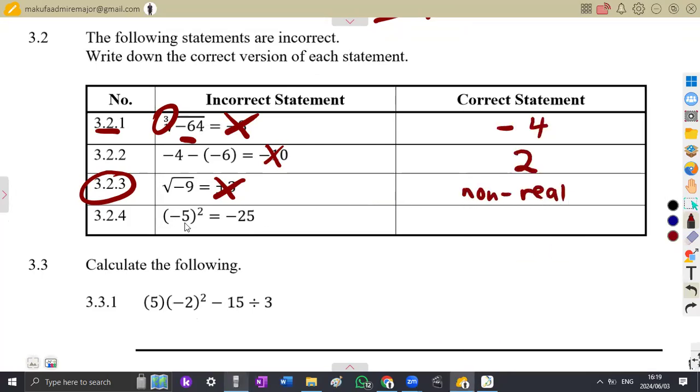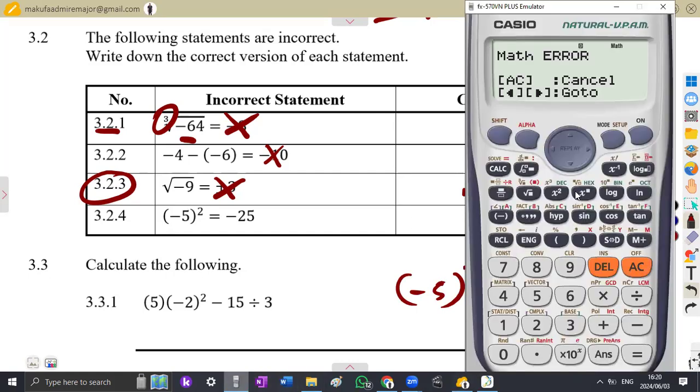Okay, minus 5 to the power of 2. The minus is raised to the power, so it's going to be a positive 25. Like I said, guys, the calculator is there. Use your calculator to prove this. Put a bracket, minus 5, close the bracket, raised to the power of 2. That is going to be a positive 25.